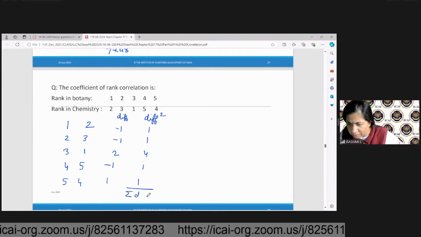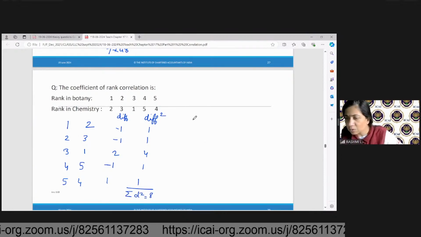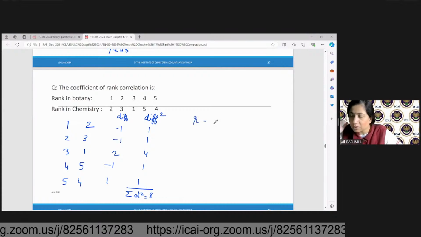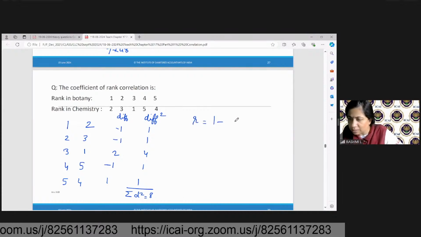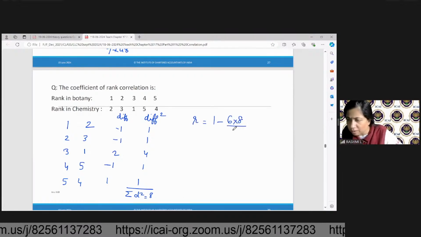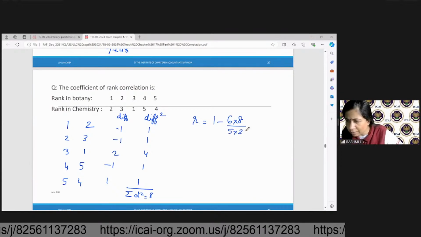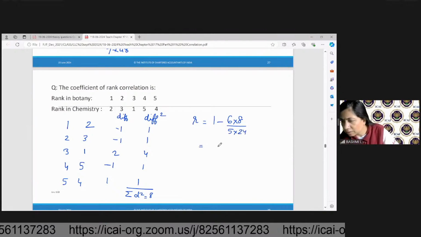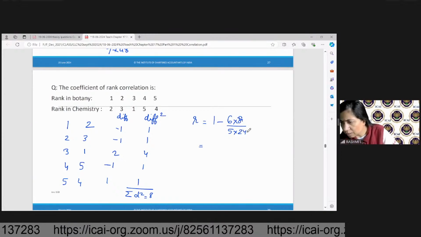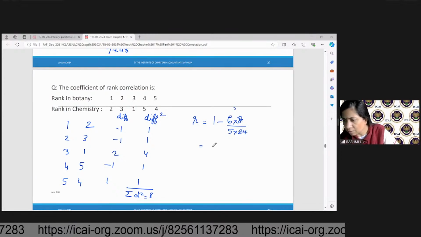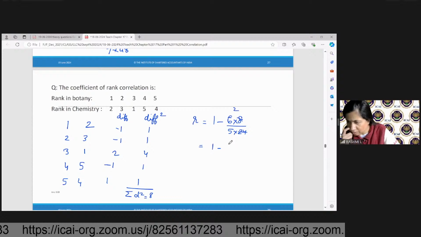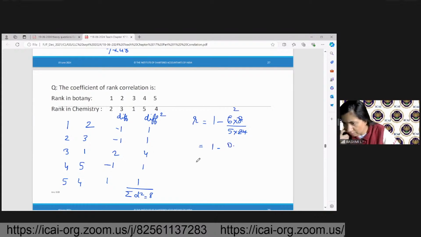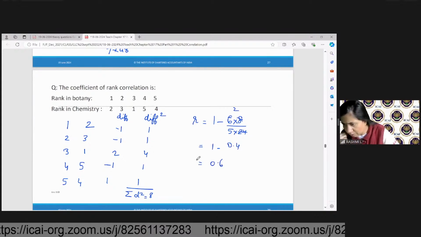Summation d square is 8. So R will be equal to 1 minus 6 into 8 upon 5 into 24. 8 3s are 3 2s are 1 minus 0.4, which is equal to 0.6.